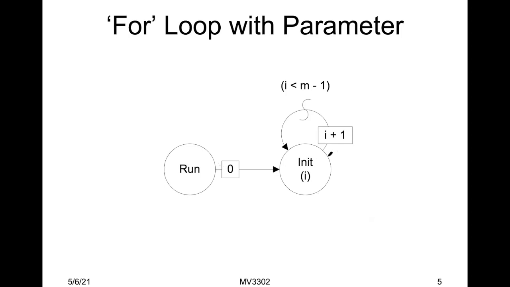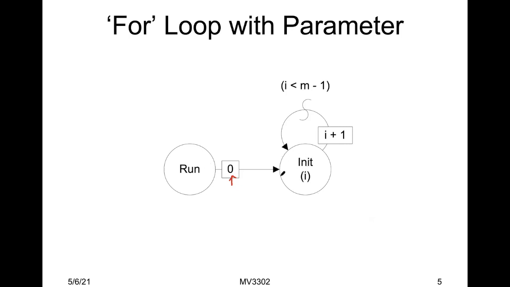Okay, so let's unpack this a little bit. First of all, here all the delays are 0. And if a delay is 0, then you just leave it off, because that's the default. Now, run schedules init at time 0, passing it the argument 0.